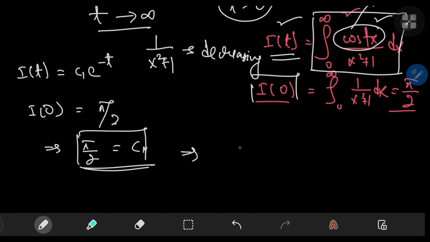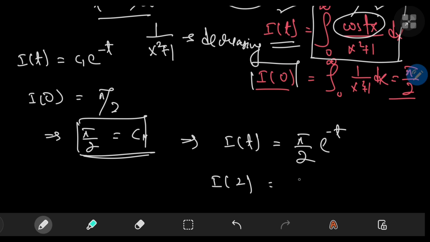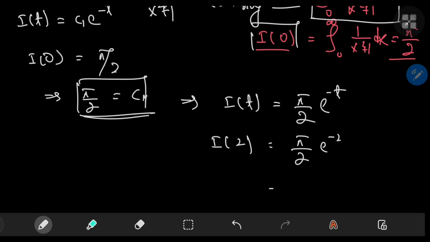So this implies that I of t equals pi by 2 times e to the negative t, and we were interested in I of 2. So I of 2 equals pi by 2 times e to the negative 2, which can be written more elegantly as pi by 2e squared.